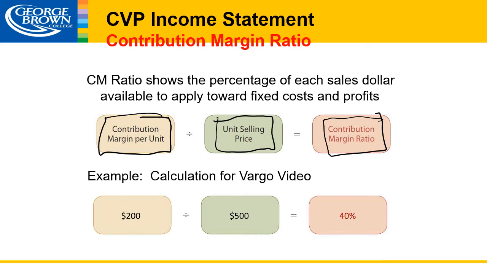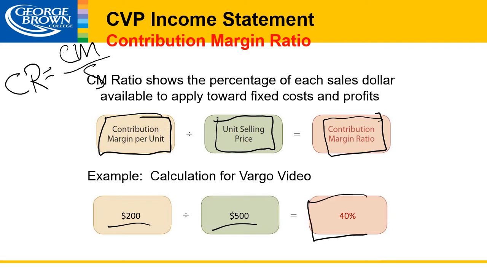Otherwise, for the contribution rate in total, you take your contribution margin, your fixed costs plus your profit, divided by your sales. In this case, we have a $200 contribution margin per unit divided by a $500 selling price, giving a contribution rate of 40%.